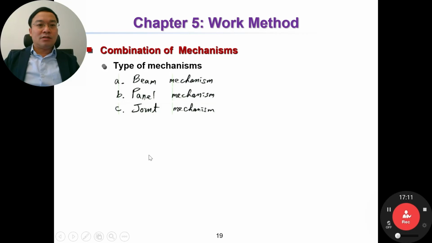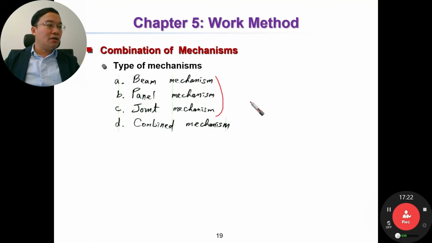The last mechanism type is the combined mechanism. The three mechanisms above are also called the independent mechanisms. Then this one is called the combined mechanism, sometimes a portal mechanism.